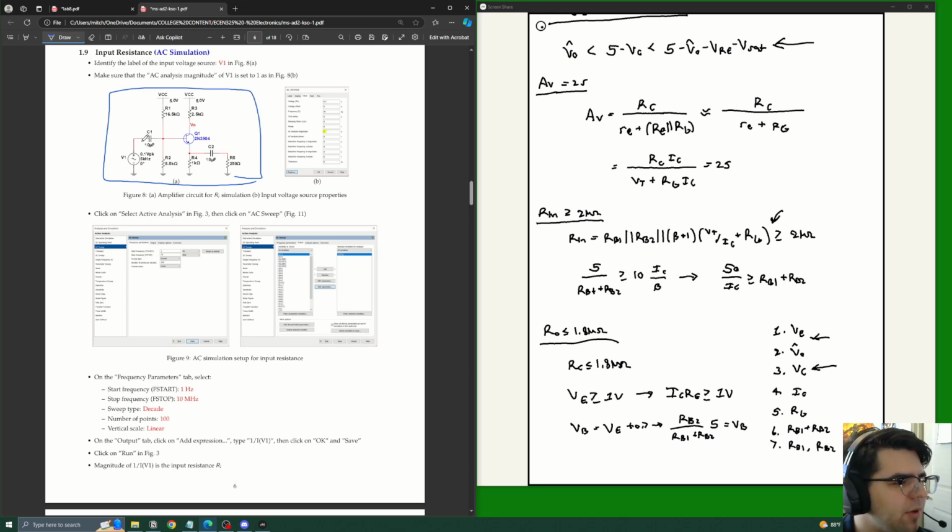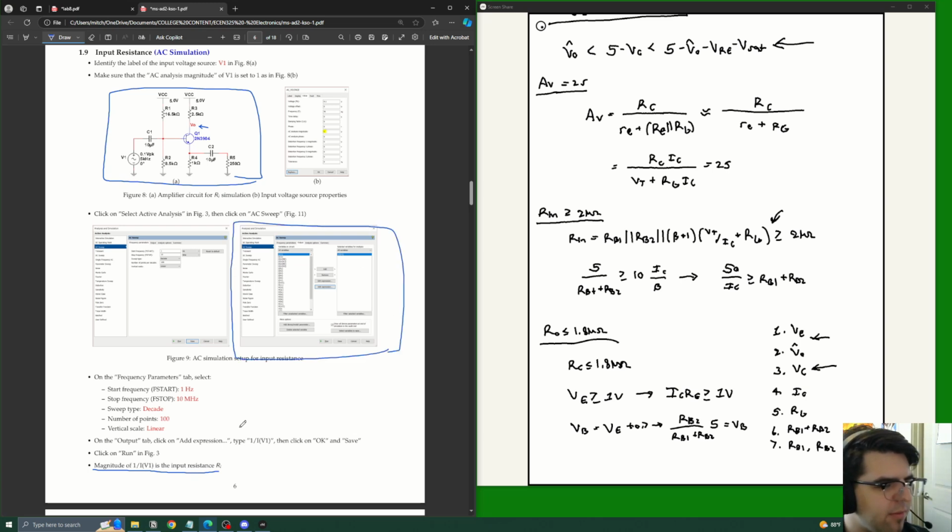But then instead of trying to calculate the gain by applying Vo, you need to add this expression into the expression manager for the simulation. The reason this is the expression for Ri is because for this voltage source, we always pick the AC magnitude to be 1. So this equation is effectively just Vn divided by In, which gives us Ri.